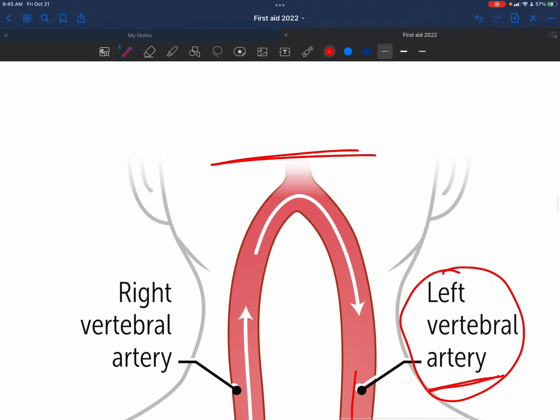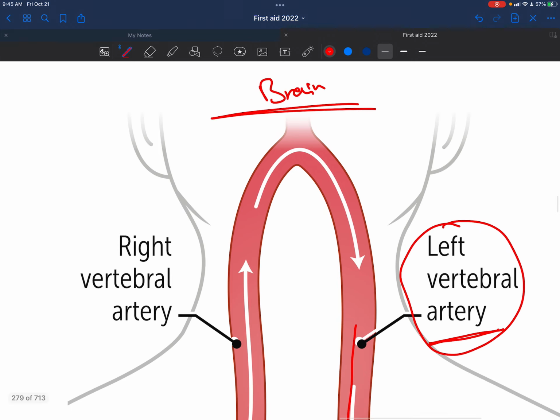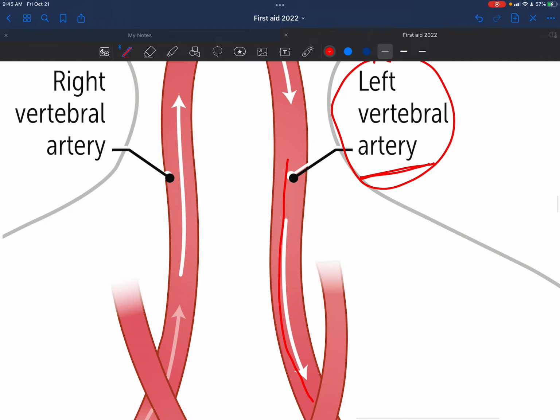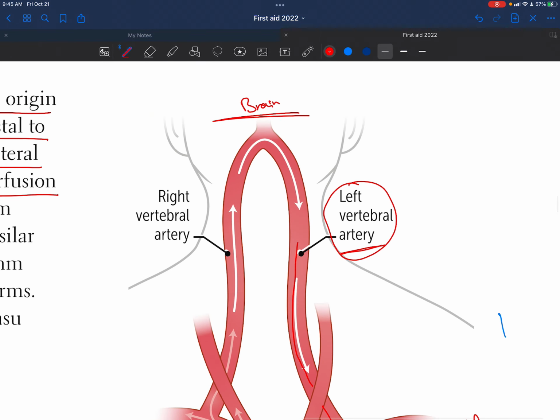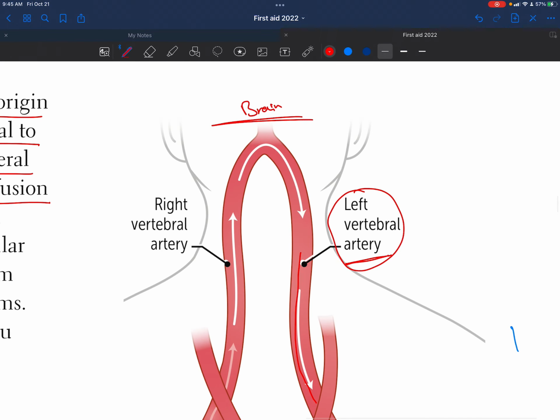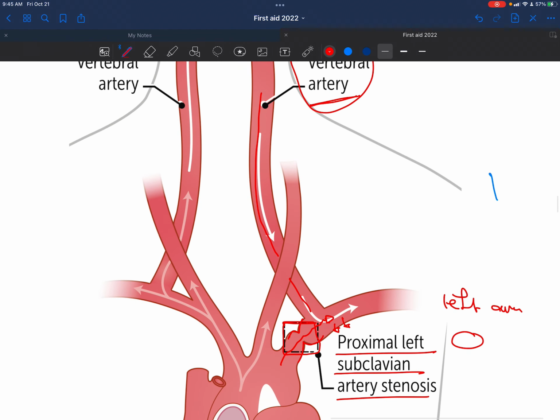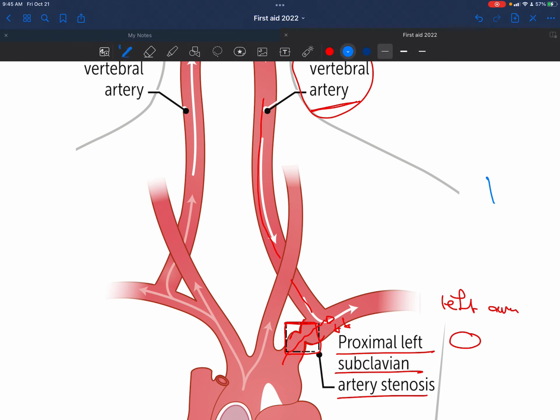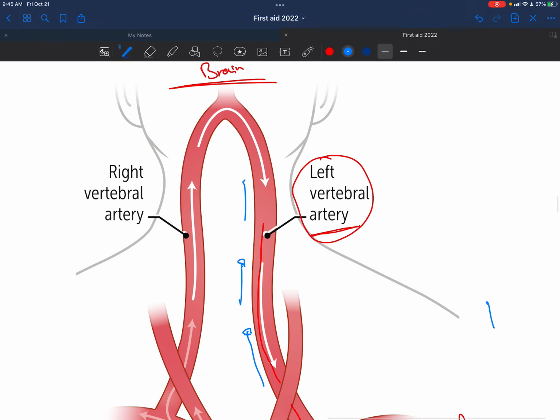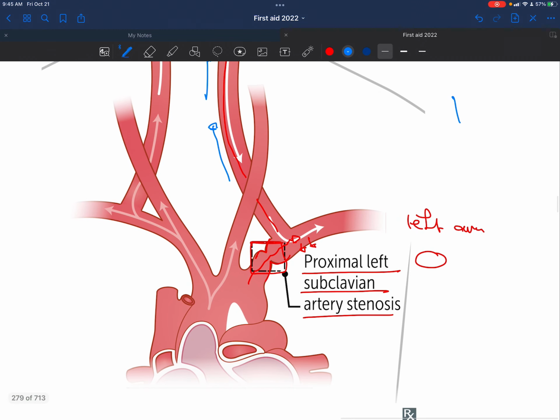The vertebral artery should normally end up at the skull and feed a part of the brain. After multiple connections, of course, it finally ends up in the brain, supplying it. The blood flow should normally go this way in the vertebral artery, so it's from the aorta to the brain.